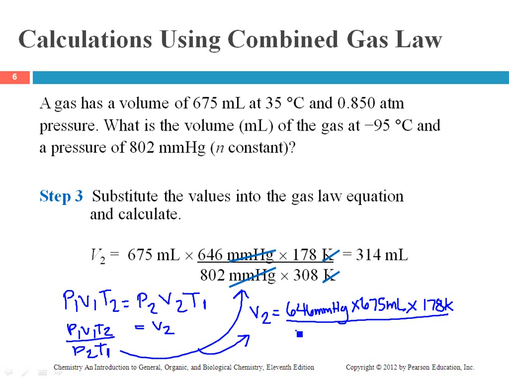Our P2 is 802, and our T1 was 308. Everything cancels except for milliliters, so our units cancel, cancel, cancel, and we should be left with 314 milliliters. I'm going to check that real quick.